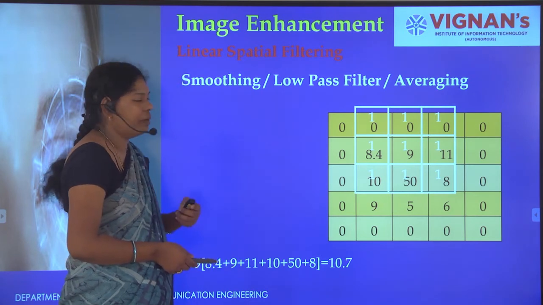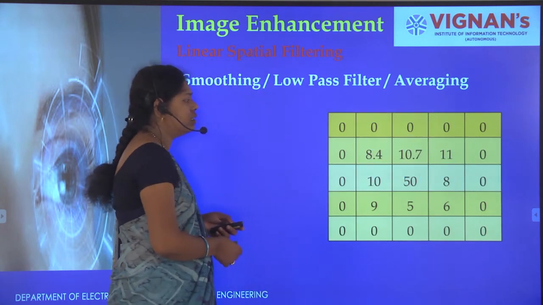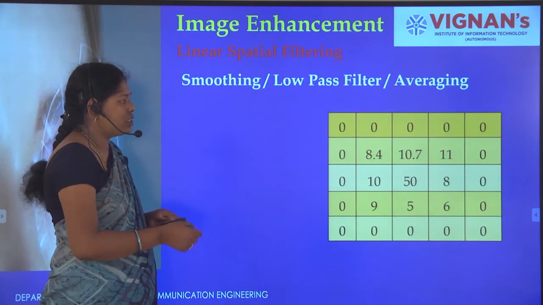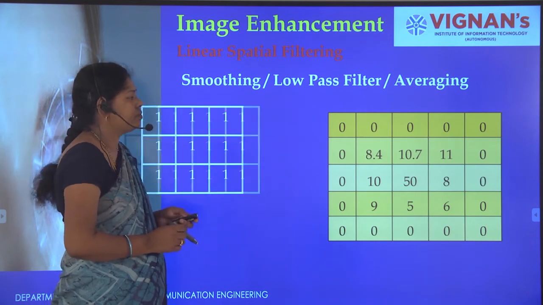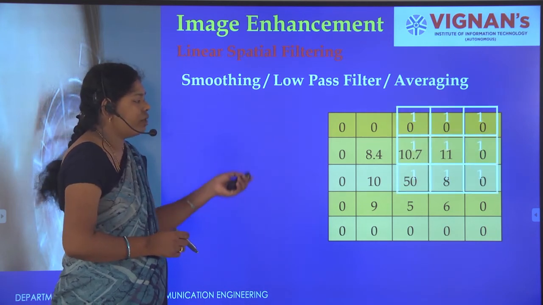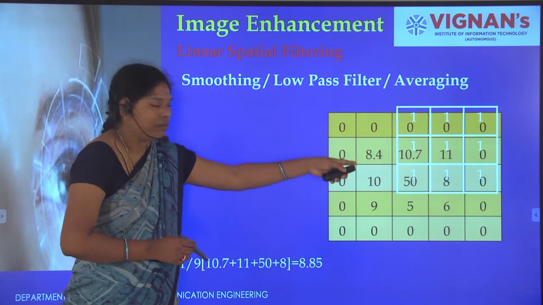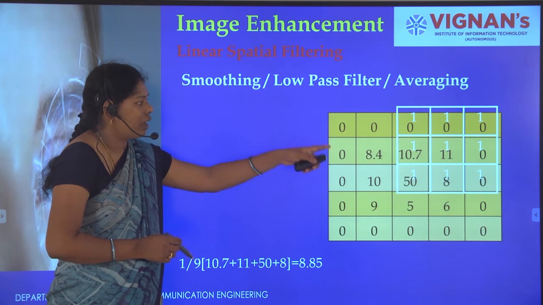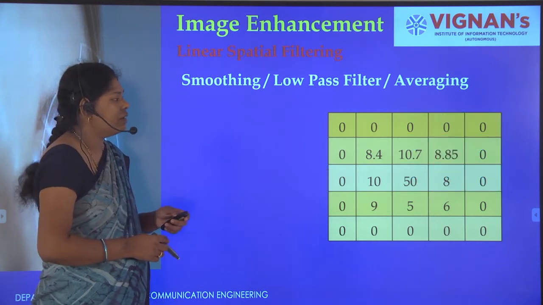Now we are getting 10.7. The 9 will be replaced with 10.7. For the next operation, the center will be at 11. Again it will be 1 by 9 into 10.7 plus 11 plus 50 plus 8. Now we are getting 8.85. That is, the 11 will be replaced with 8.85.